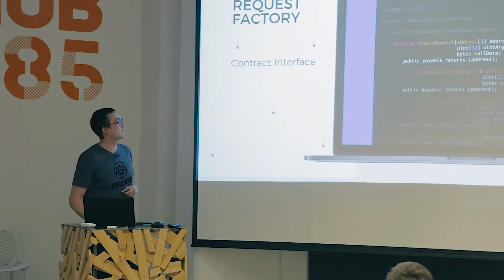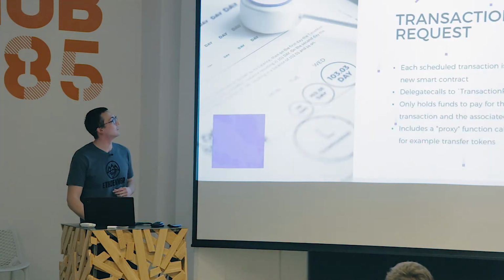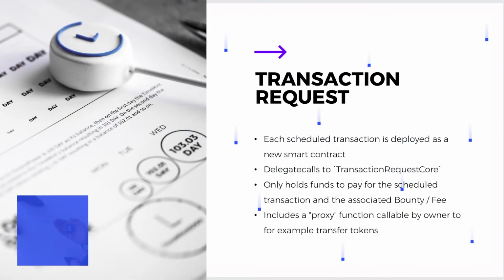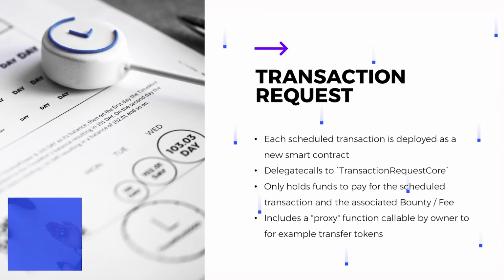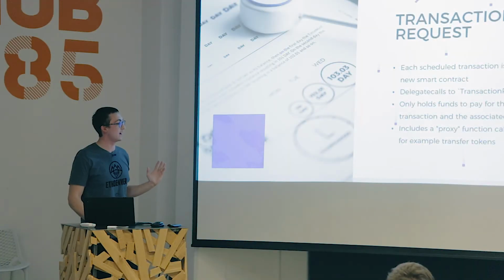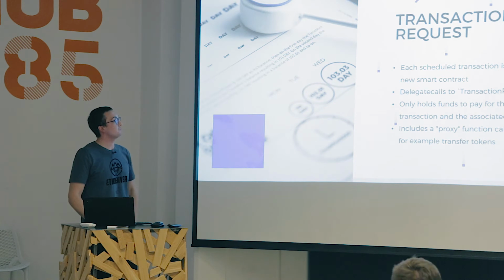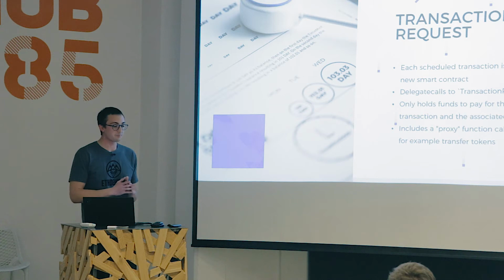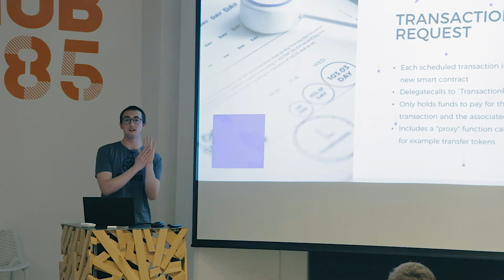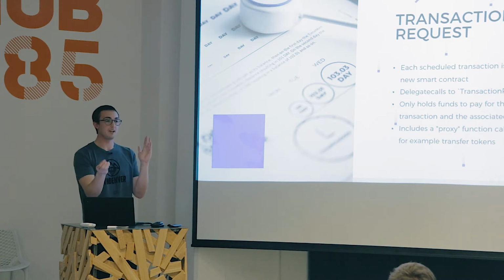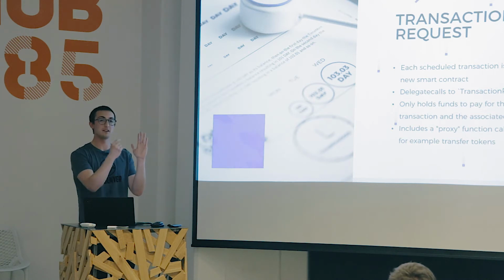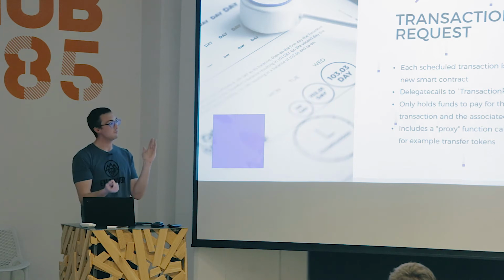This is the interface. I can just walk through that. So like I said, the transaction requests are what's holding the parameters for each scheduled transaction. One cool thing about this is if the smart contract is what's calling the final transaction, that means that the smart contract will be the message sender in this situation.